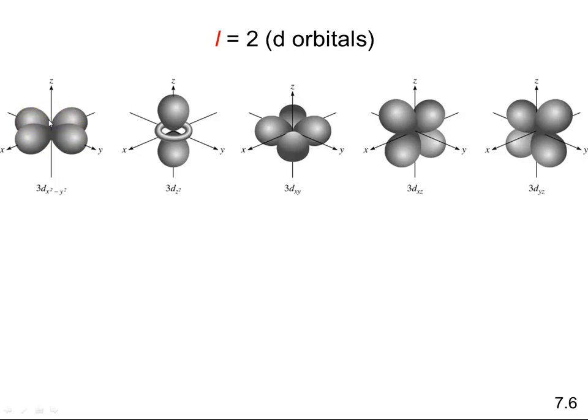So the d subshell can contain 2, 4, 6, 8, 10 electrons in total. Now think of these forms not as a distinct form. They're not balloons. Think of them more as clouds. They're fuzzy clouds that just happen to align in these shapes.